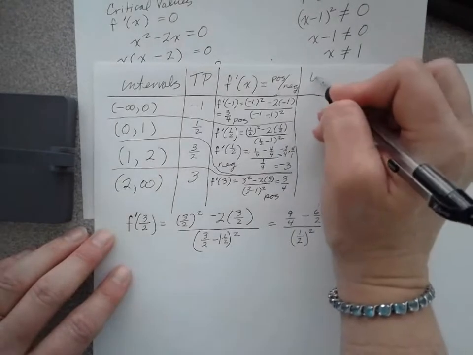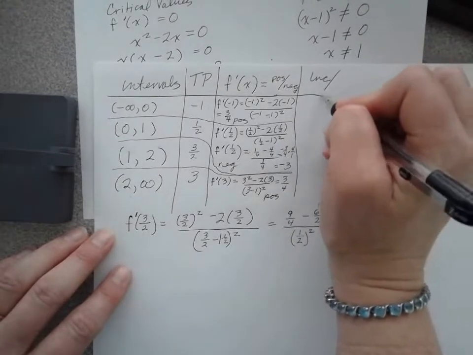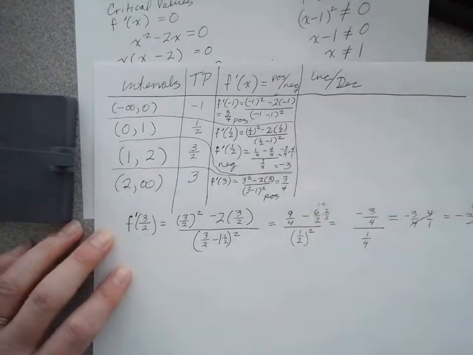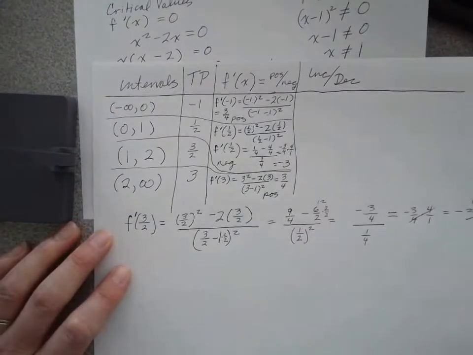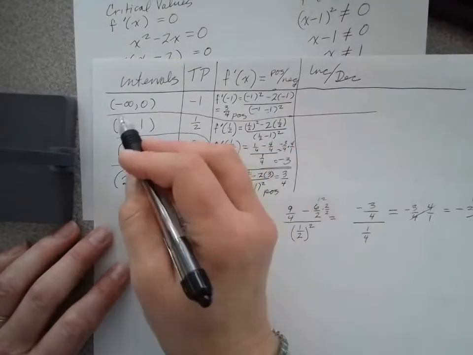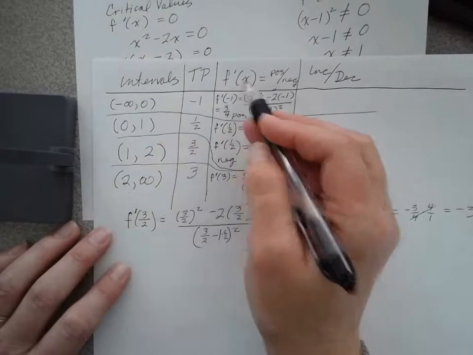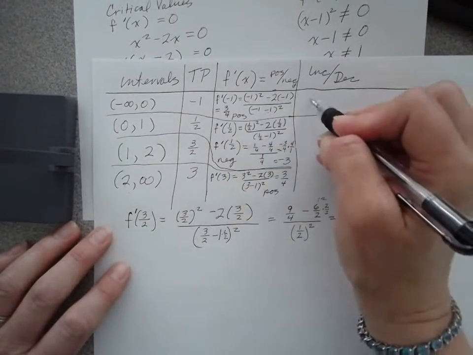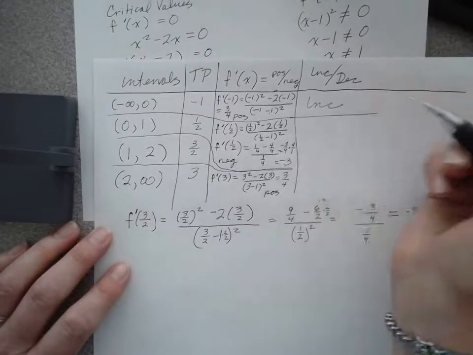Okay, and then we need to decide, with the first derivative test, whether it's increasing or decreasing by whether it was positive or negative. So for negative infinity to 0, the first derivative is positive, which means that on that interval it is increasing.